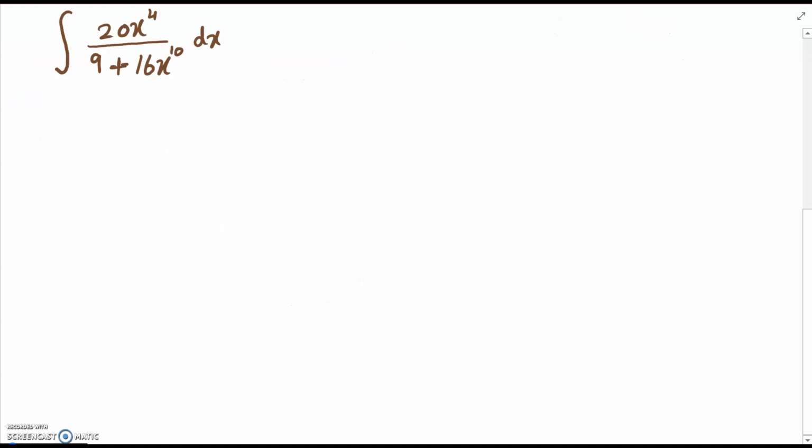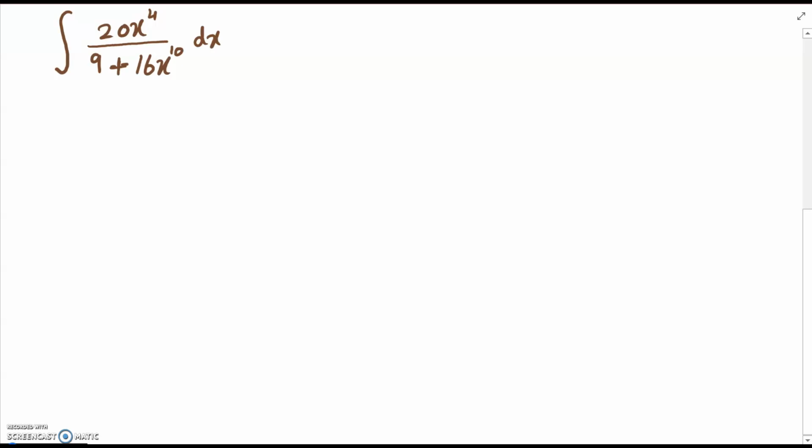Alright, so next we have this question. Now look at the numerator and denominator. In this situation, the power of x is 4 in the numerator, and in the denominator the power of x is 10.